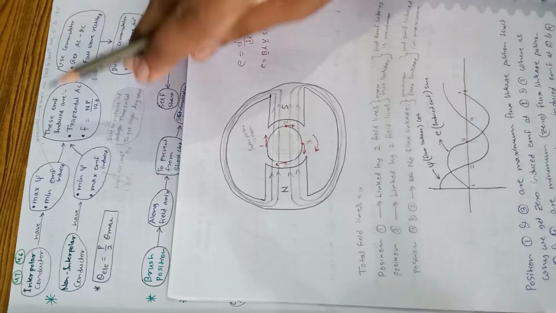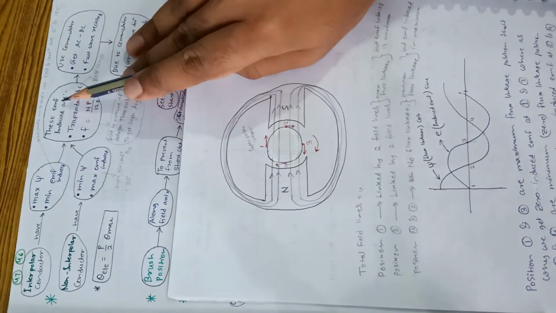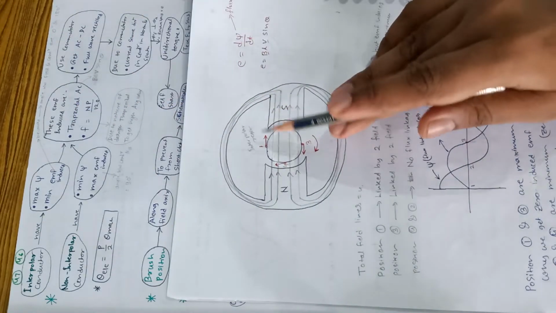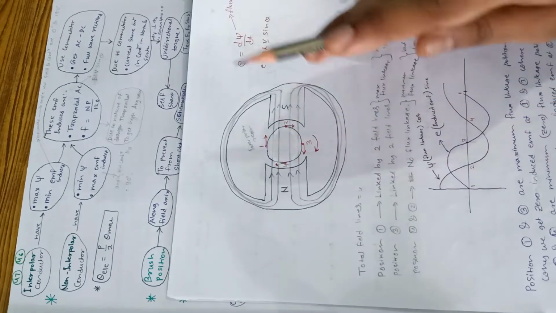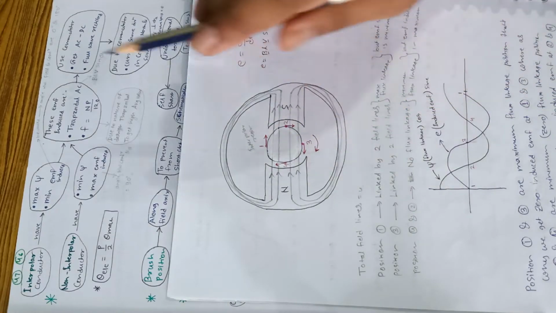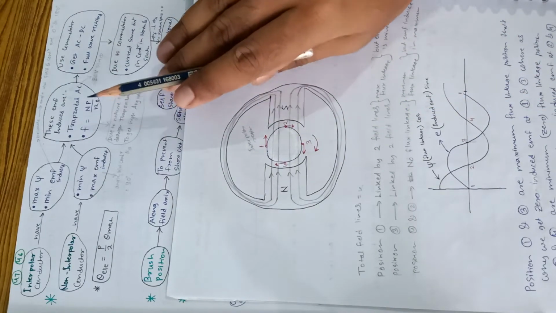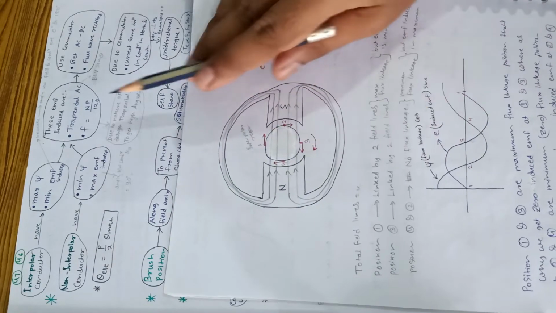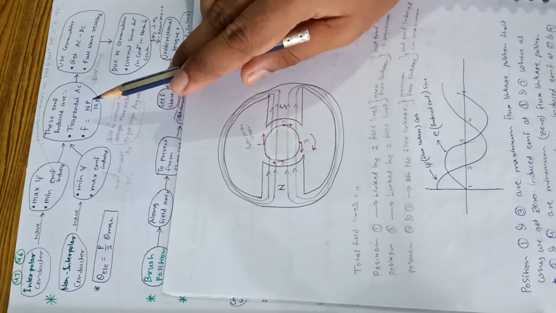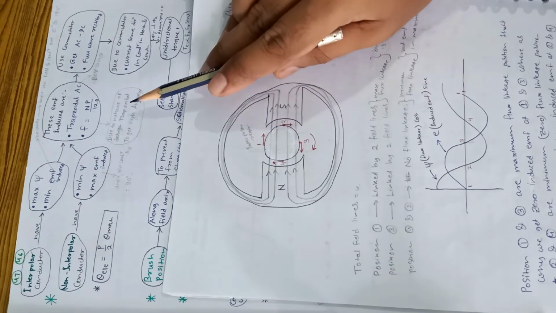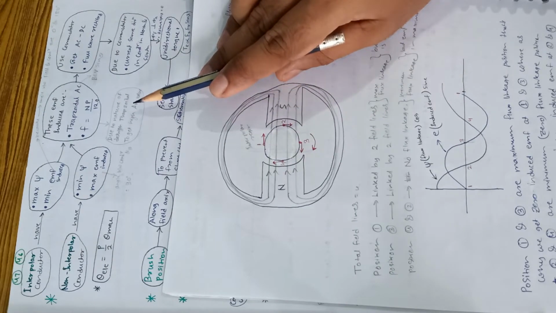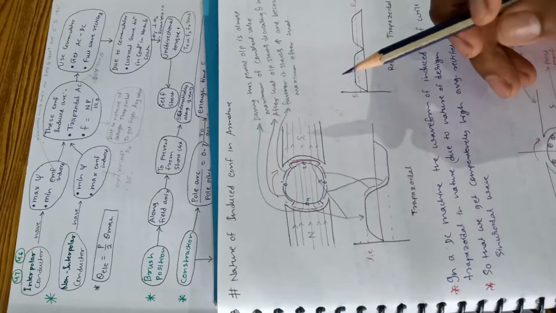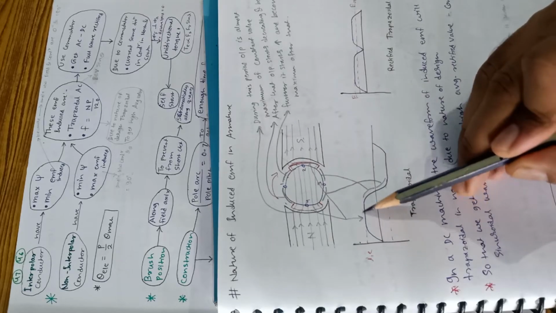And when we talk about these EMF induced are trapezoidal AC, this trapezoidal is made purposely, by designing a machine in such a way that we get trapezoidal AC. See, this is how the EMF is induced.